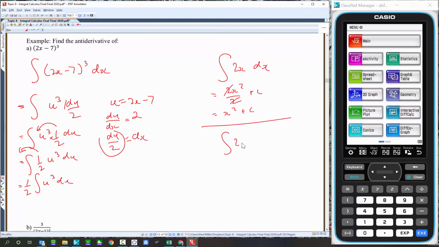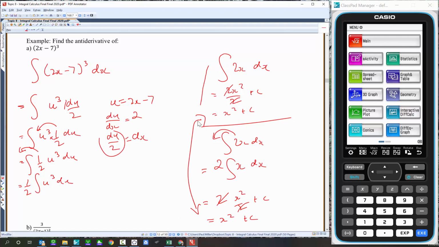Or let's do the problem again and grab the coefficient, stick it out the front, and then say that we've got 2, that goes to x squared on 2 plus c. Those cancel out, giving us x squared plus c. Okay, so there's the two same answers. One uses this move here, one doesn't, but we get the exact same result.